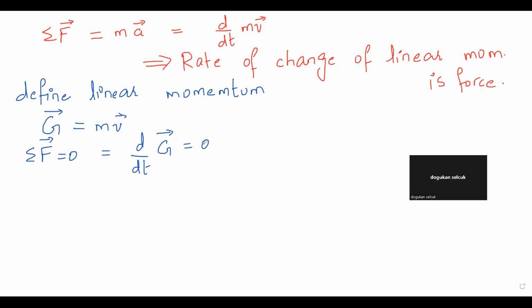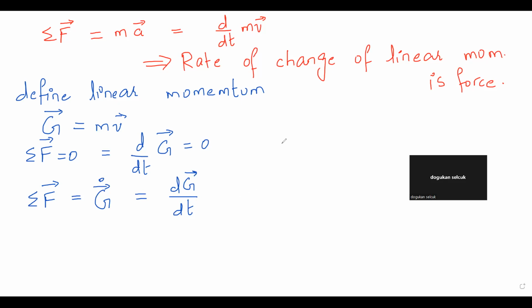G is constant with time, if you want to call it, and then the summation of forces is equal to G dot, as one of our students told me right now, which is equal to dG over dt.